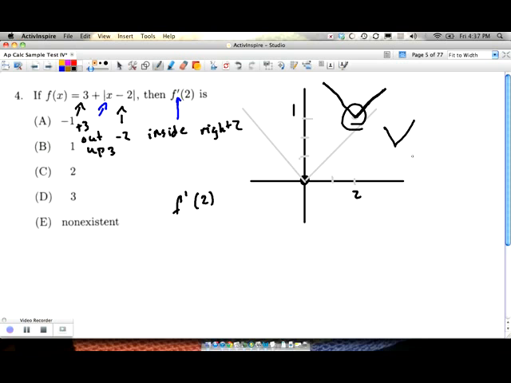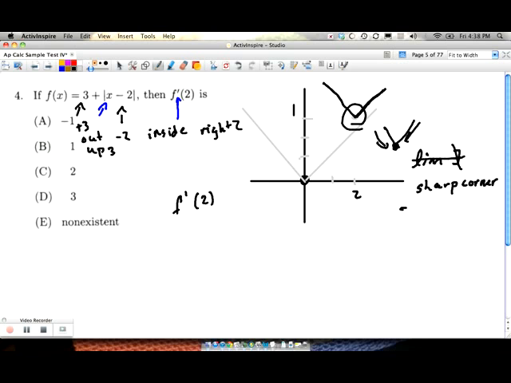And there's only a few things that make derivatives not exist. First, if the limit does not exist. Well, the limit does exist because the right and the left and the middle are all converging at the same point. So the limit does exist, but that's not an issue for us. But we have a sharp corner.